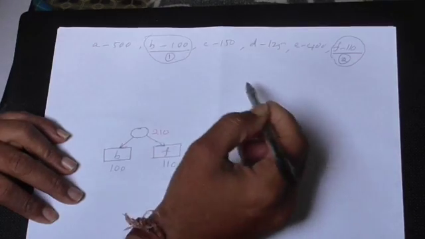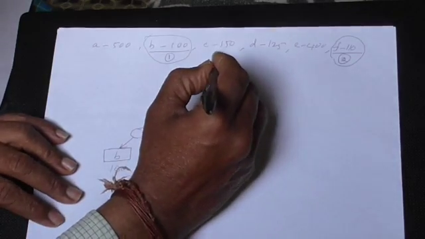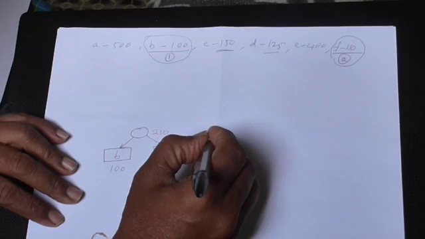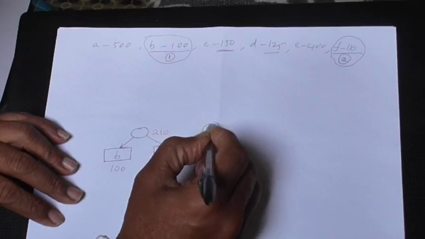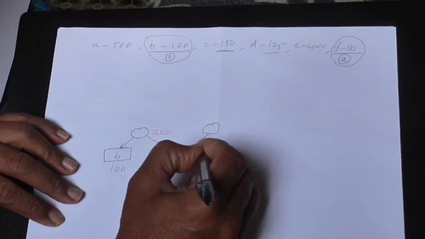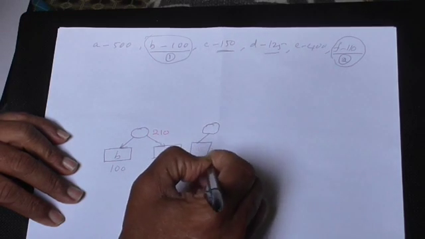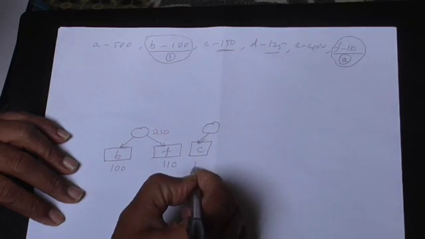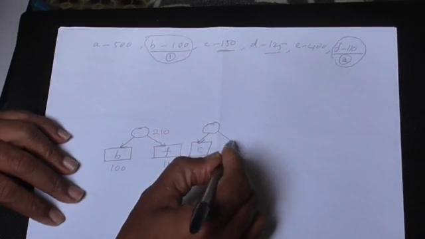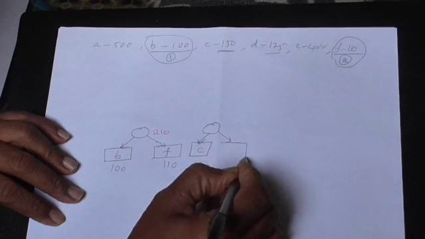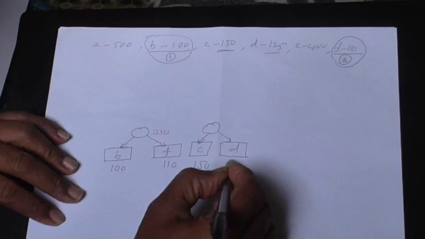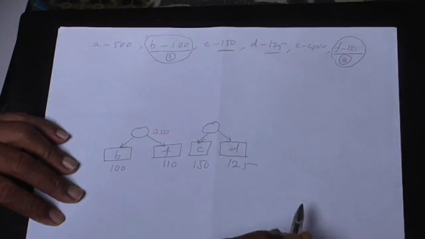Now the next 2 least numbers are this and this. So I construct another binary tree with the nodes one side containing C, it is 150, the other side containing D, 125.